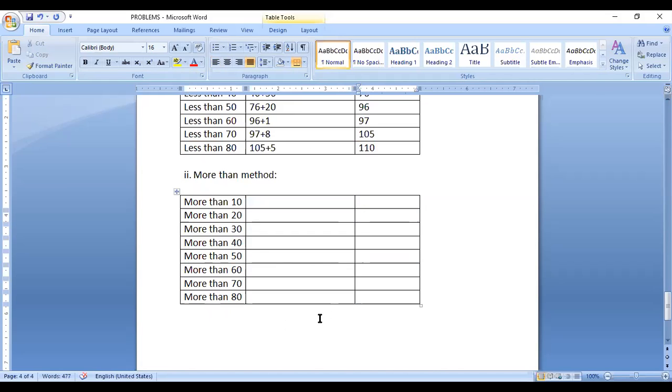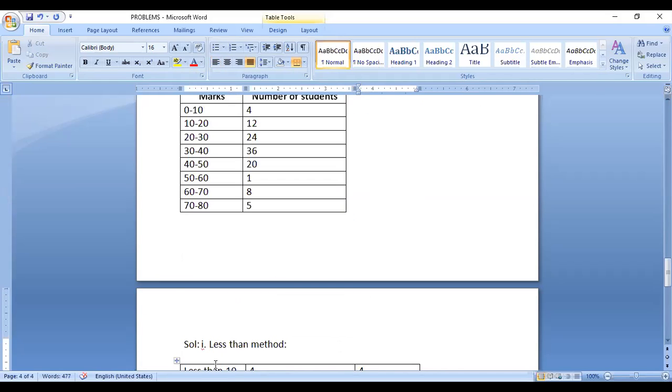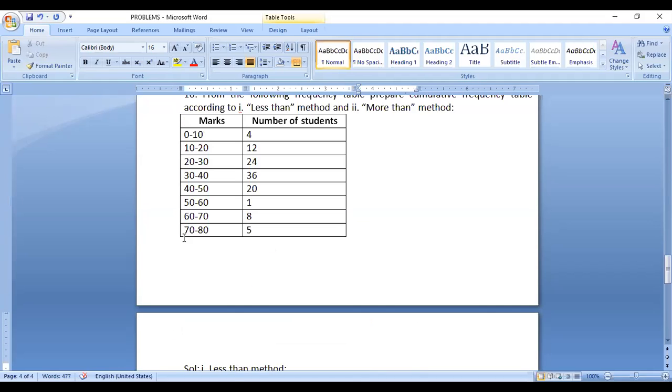From down, you are going to go on adding. So first one is 5. You take it as it is. From the highest class, you will go on adding.